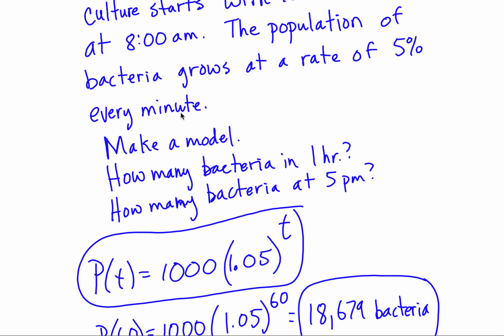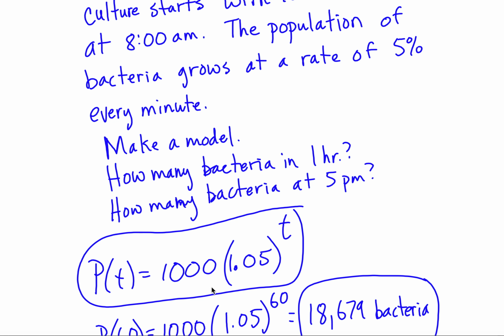So we do need to think about that. Going back to what I was trying to say, if you have 1,000 plus 1,050 for the next time, you can factor out the 1,000 and you get 1,000 times 1.05 to the very next time period. And then you can keep doing that each time.